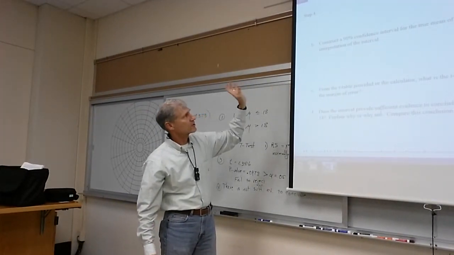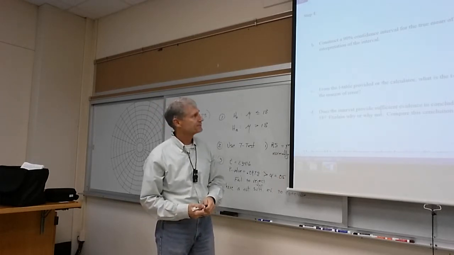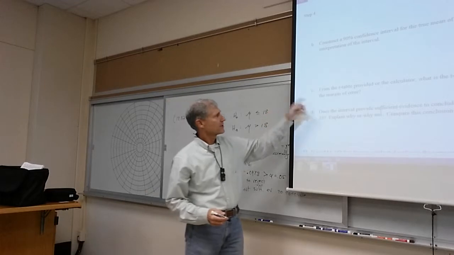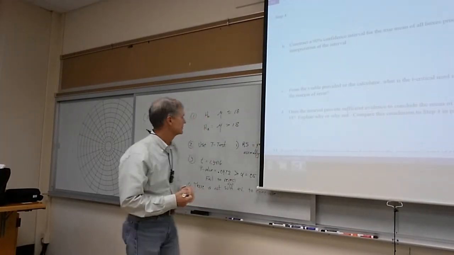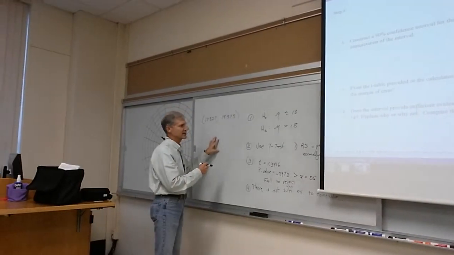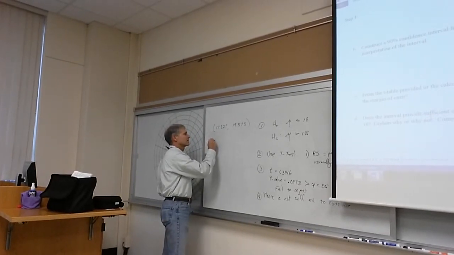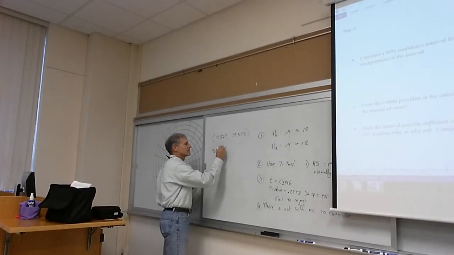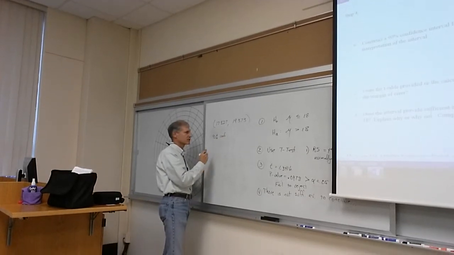Provide the correct interpretation. We are 90% confident that the true population mean is in that interval. From the t-table or calculator, what is the t-critical value used in the interval? And what is the margin of error? Well, what's the t-critical value for 90% confidence? It's inverse t this time, not inverse norm.